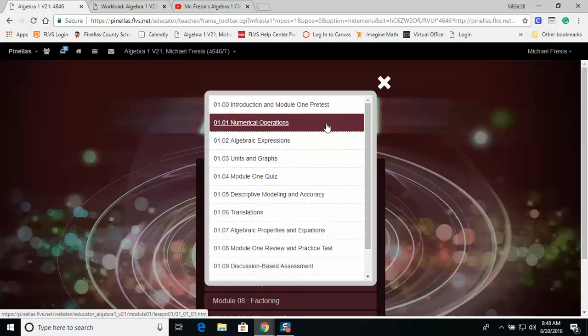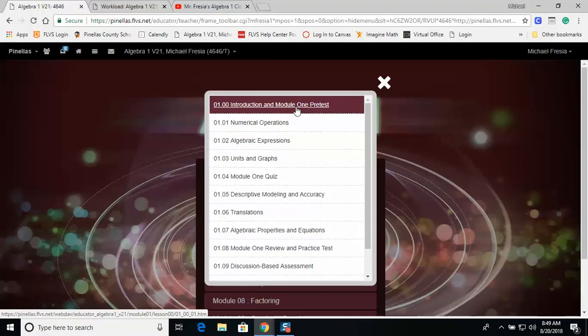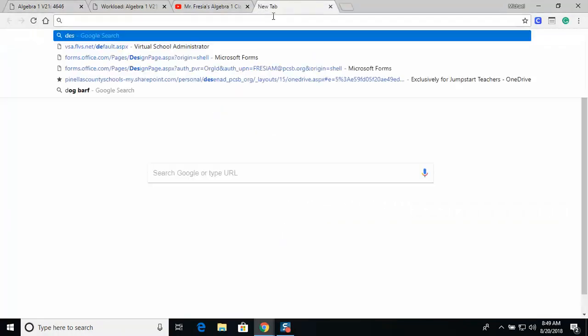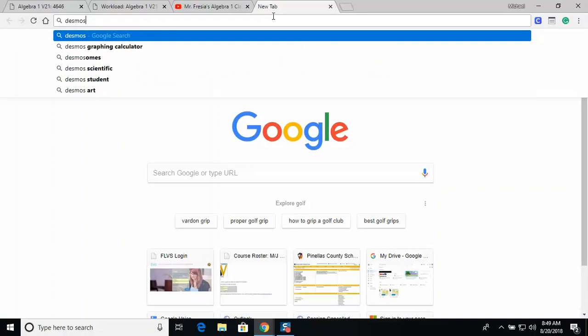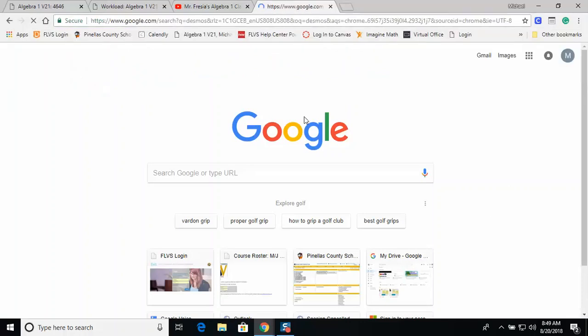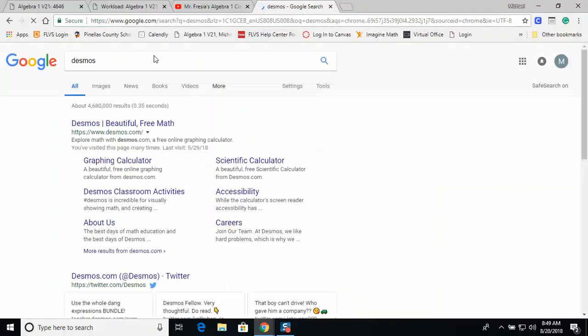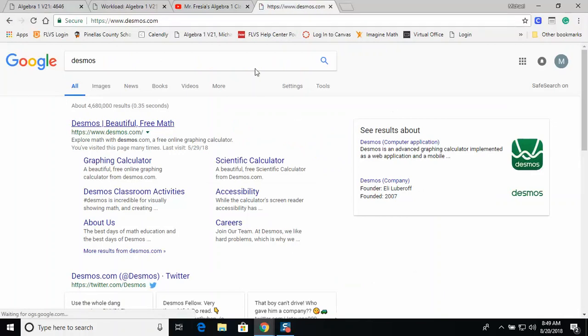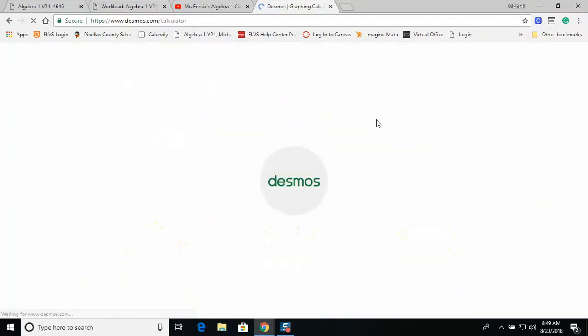Remember, you can use the application Desmos, that's D-E-S-M-O-S, and I will show you what that looks like. We'll pull that up. It is a graphing calculator. It is a resource you can use, and it will allow you to make sure your arithmetic is correct.